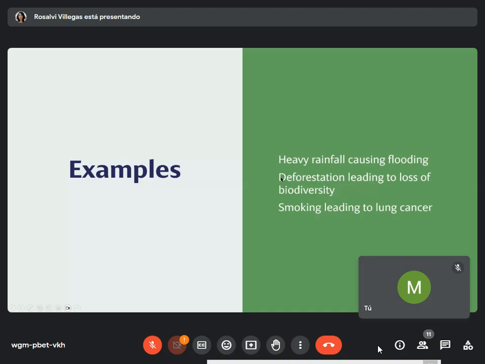Another cause and effect relationship could be deforestation leading to the loss of biodiversity.